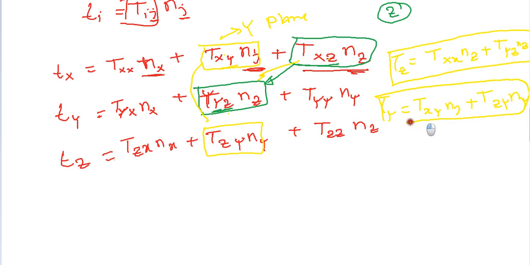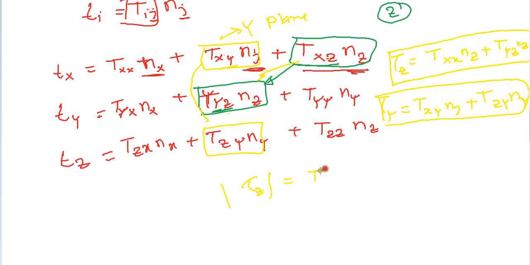And this is very easy. What is the magnitude of the shearing stress? The magnitude of the resulting shearing stress on plane z is nothing but tau z, which is simple, right?